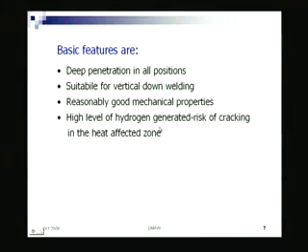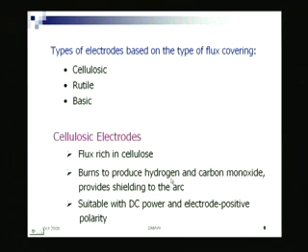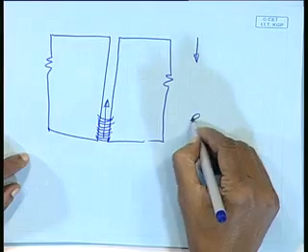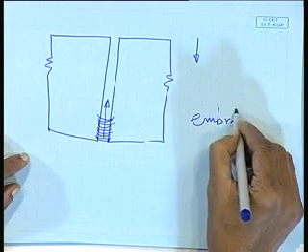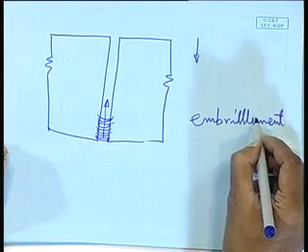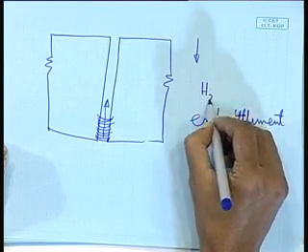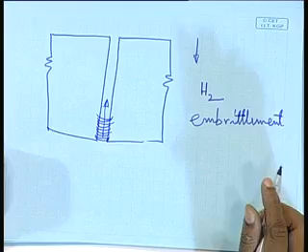Another aspect is that the gases being generated are hydrogen and carbon monoxide. Now, hydrogen causes a phenomenon called hydrogen embrittlement. Hydrogen embrittlement means as if hydrogen is rendering the material brittle.